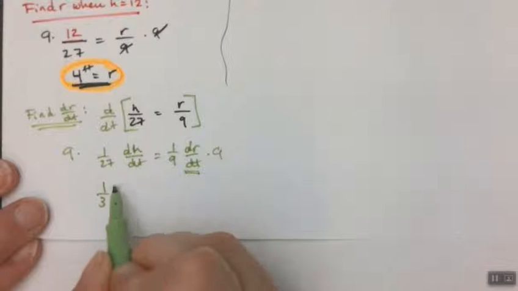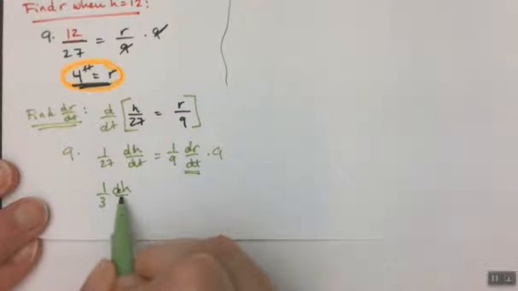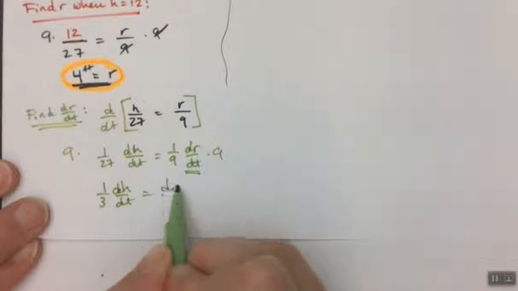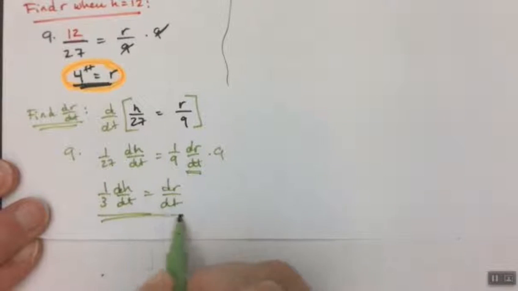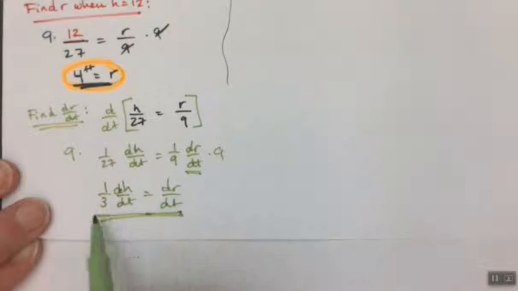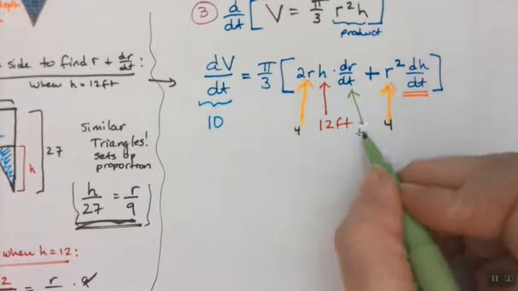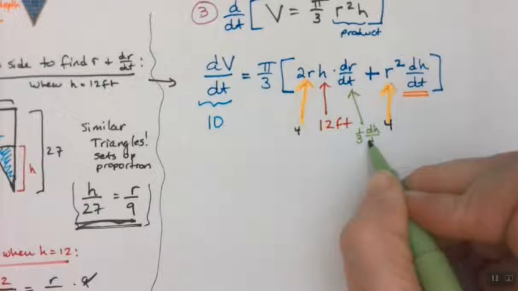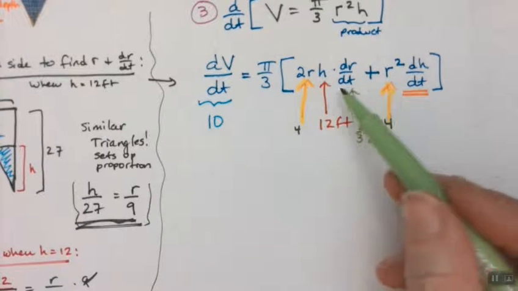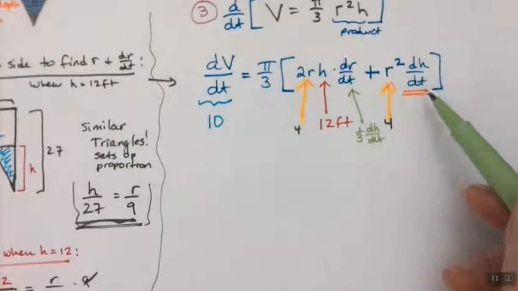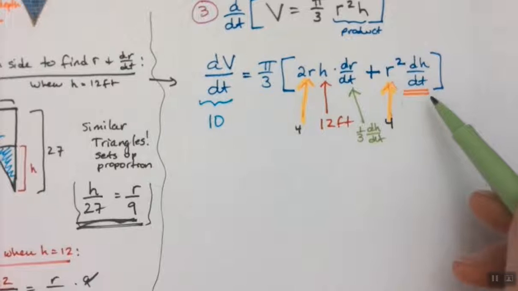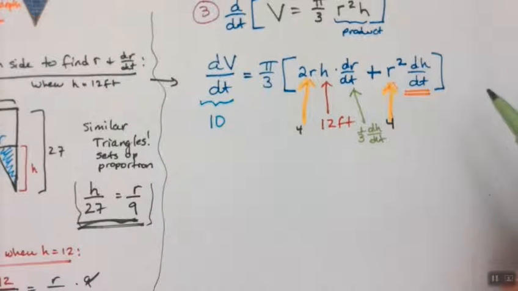So I find that 1/3 dh dt is equal to dr dt. And I can use that right here and go, okay, well, instead of dr dt, I can put in 1/3 dh dt. Why is that helping? Well, it gets it so that there's only one variable over here, dh dt. There's only one unknown, which is what I'm trying to solve for.